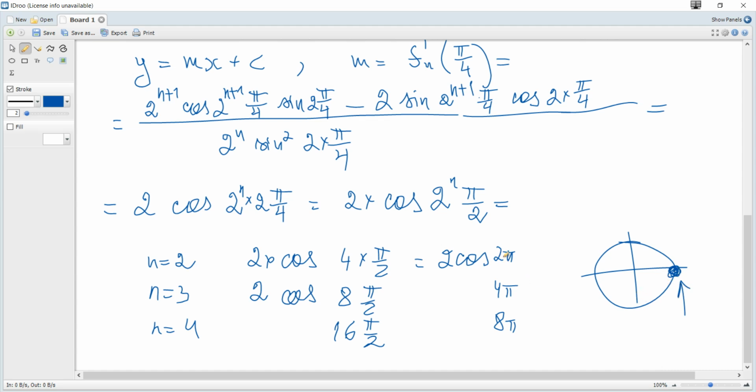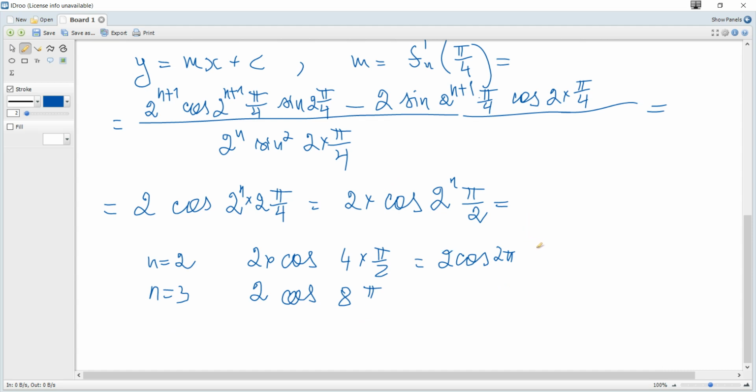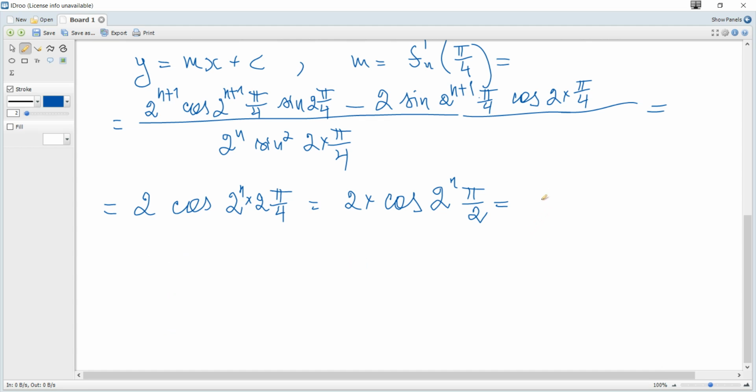It's actually the same as cosine of 0, which is 1. So it's 1 for n greater than 1. Hence it's just 2 for n greater than 1.